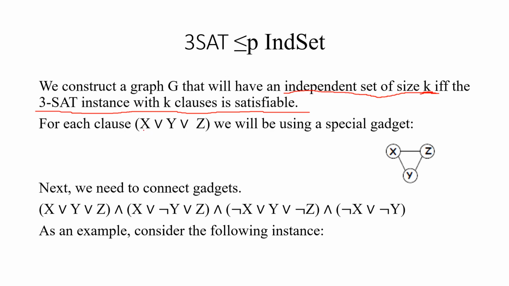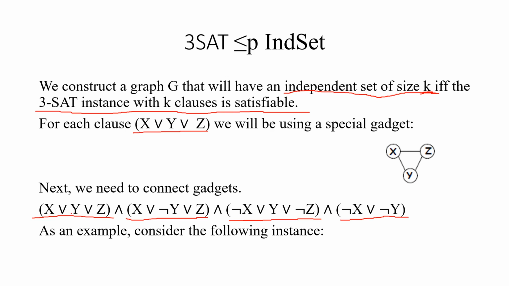So for each clause, we will use some kind of special gadget that will determine whether that clause is true or not, and we need to connect these clauses. For example, let's say that we have some kind of graph with k clauses, say 4 clauses, and if we can satisfy all 4 clauses, it means that we have an independent set of size 4.